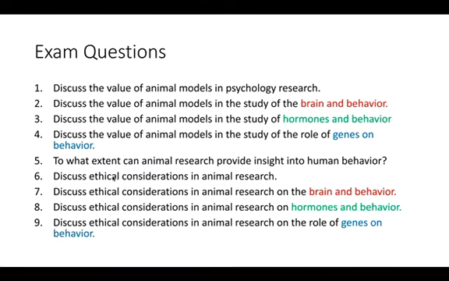And this question, discuss ethical considerations in animal research, allows you to talk about brain and behavior, hormones and behavior, or genetics and behavior. So a question like this can be very general, or it can be specific to brain and behavior, hormones and behavior, or genetics and behavior. Here you can see: discuss the value of animal models in the study of brain and behavior.